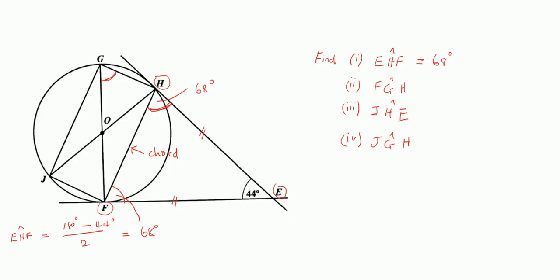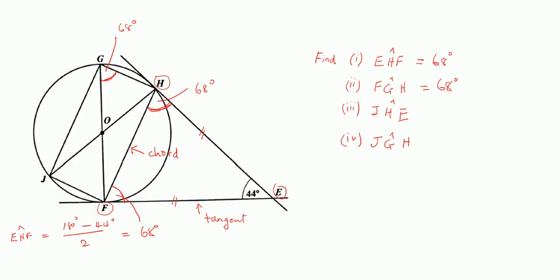And we know that this here is a tangent, alright? So if this angle here is 68 degrees, then this angle here is also 68 degrees. So this is 68 degrees, right?